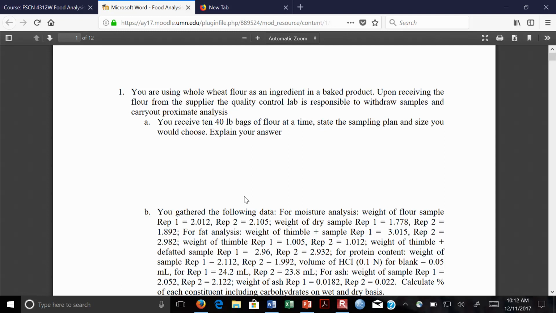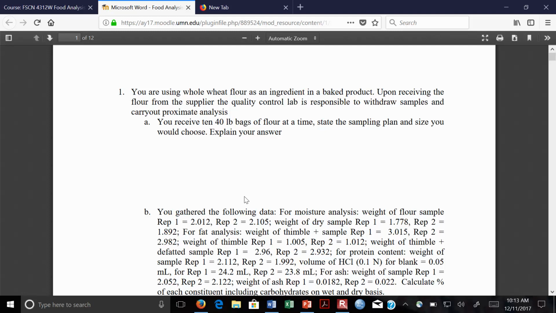So, state an official method for analyzing each of the mentioned constituents. It's always easy to select something we've done in the lab. So instead of selecting hydrometer for moisture, for example, which we didn't do in the lab, you could say vacuum oven, or you can say convection oven, or you can say Karl Fischer, as long as you explain it briefly, but with the important information.